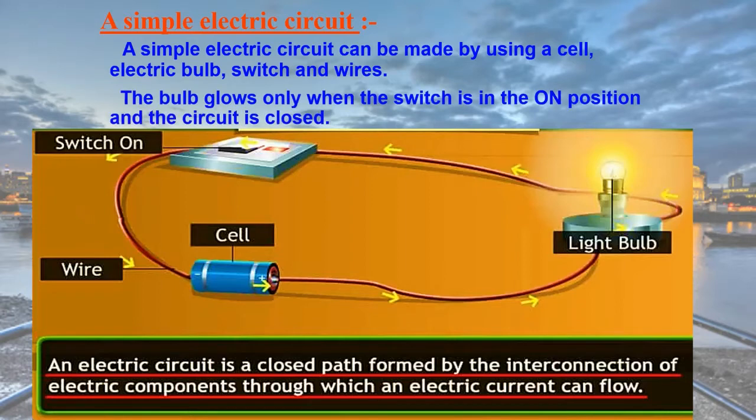The bulb glows only when the switch is in the on position and the circuit is closed. So here you see that there is a cell or a battery, there is a switch which needs to be on, and if it is on, only then the bulb will glow. And you need a bulb and connecting wires. And remember, all the things need to be joined together in order for the current to flow through it.